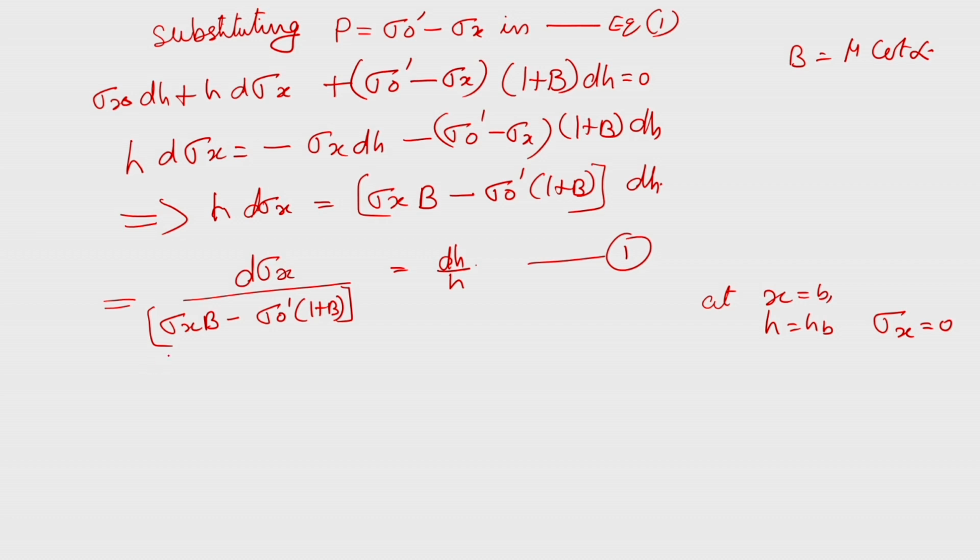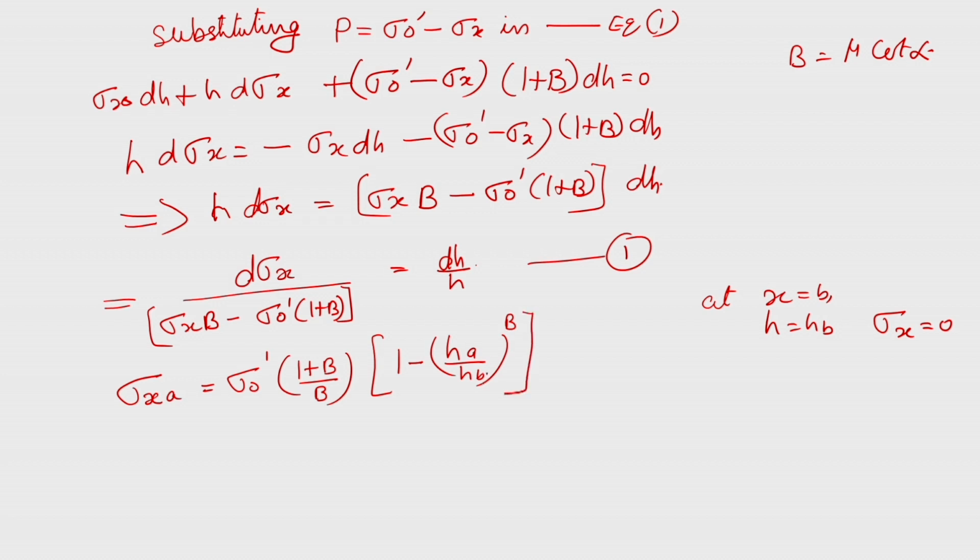It's a very simple thing, in a similar way which we used in the mechanics of materials for strip drawing without friction. If you just directly integrate it, you will get the draw stress sigma x a is equal to sigma 0 dash, applying the boundary condition you can get the constant also, into 1 plus b by b into 1 minus h a by h b raised to b.